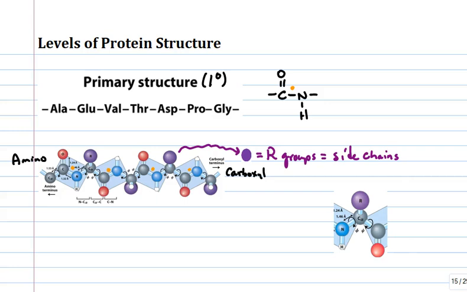Now, before we get to that, let's make one other important point, is that the backbone along a peptide and a protein has direction. You may say, well, how do you know which ones are the backbone atoms?